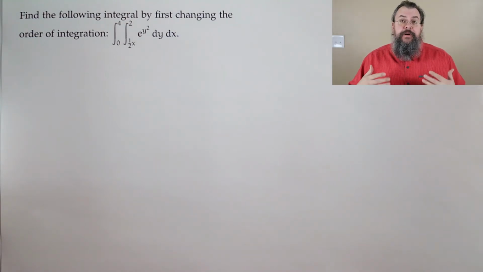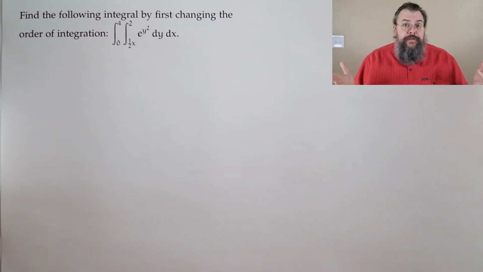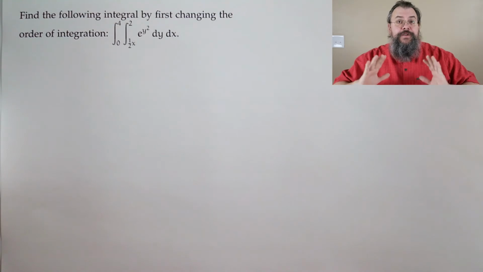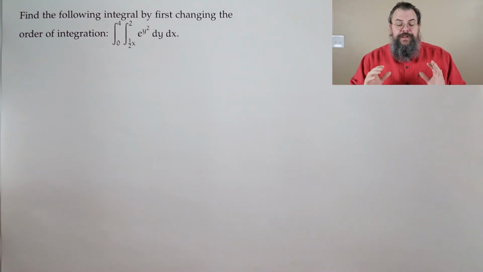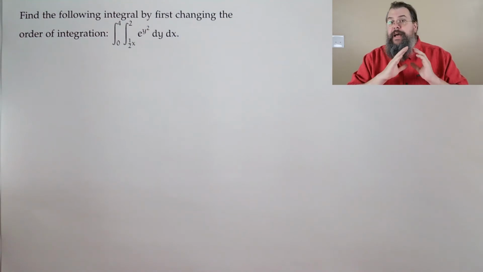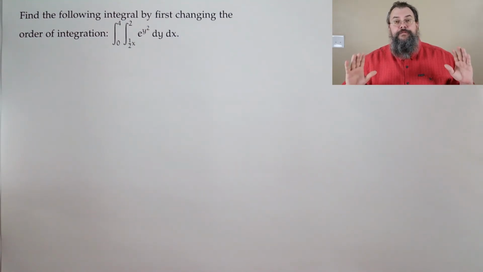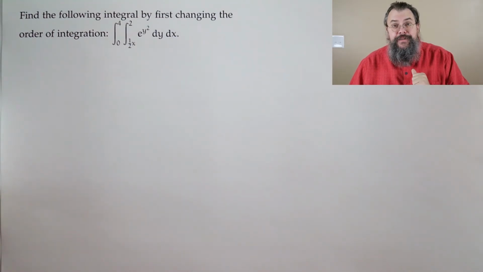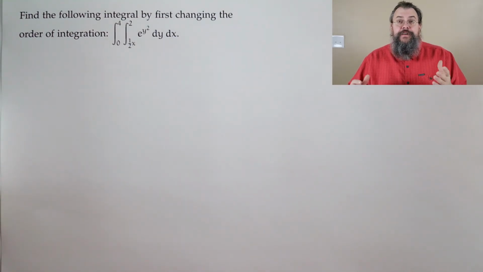So we need to think about, okay, is it hopeless? And we say, well, wait, let's understand our motivation. Why do we want to switch? We can't integrate this with respect to y. That's 100% true. We can integrate it with respect to x because there is no x. So in terms of x, it's a constant.